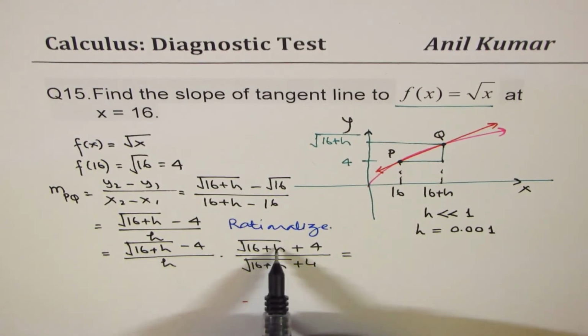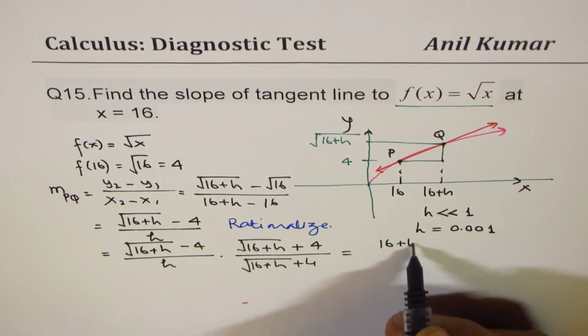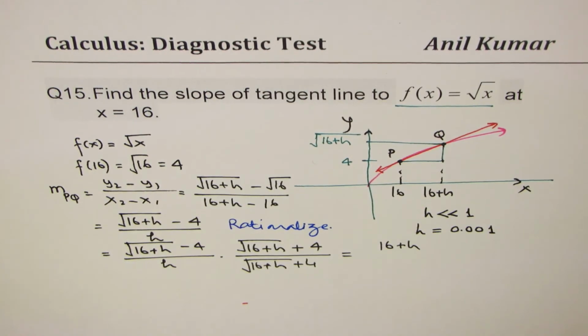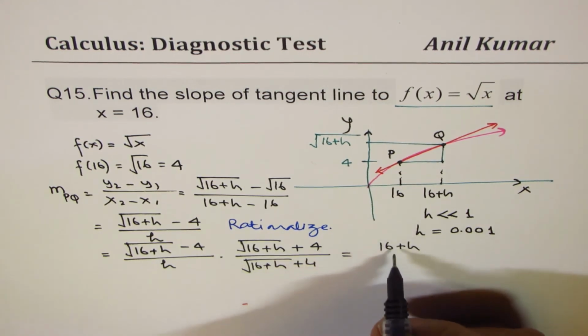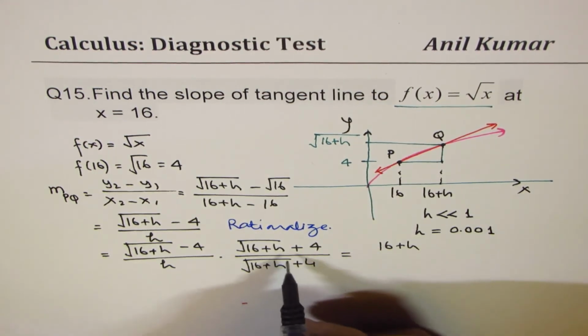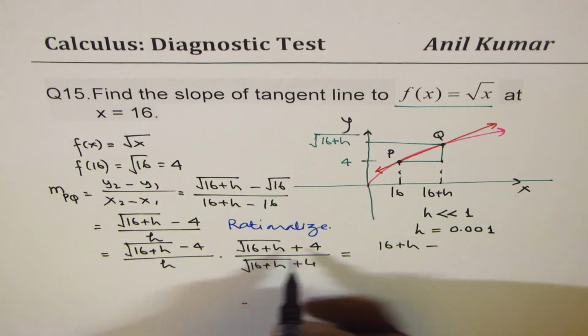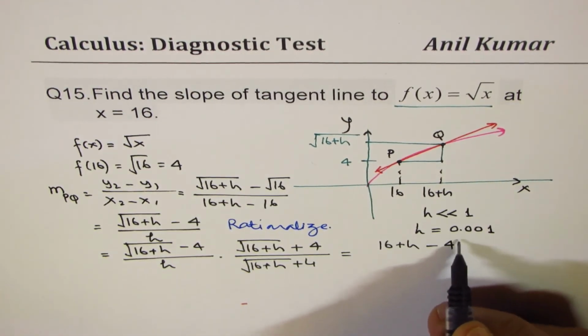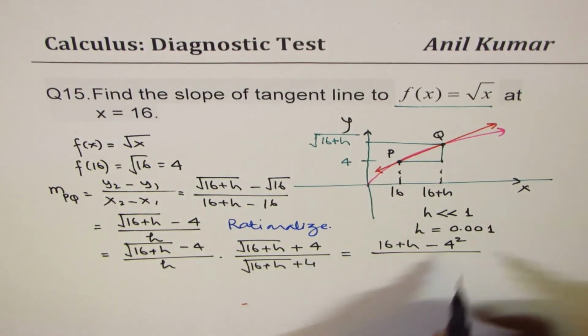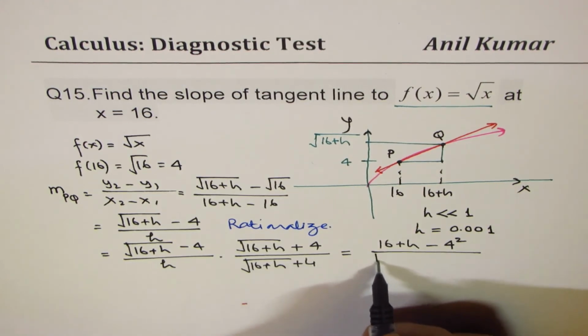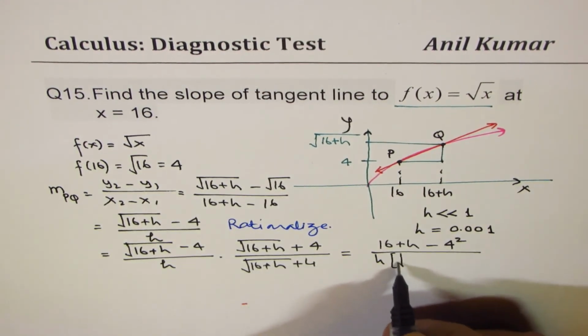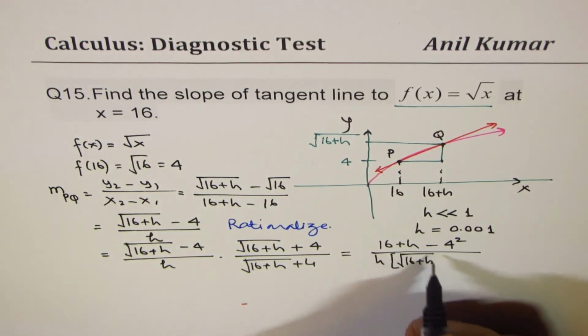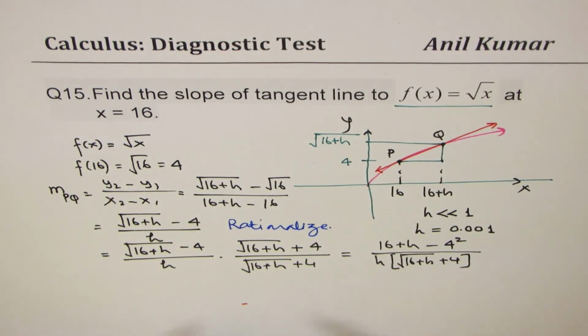This will give you difference of squares, so we get 16 plus h minus 4 squared, which is 16, divided by h times square root of 16 plus h plus 4, correct?